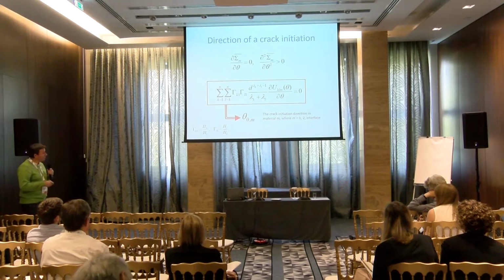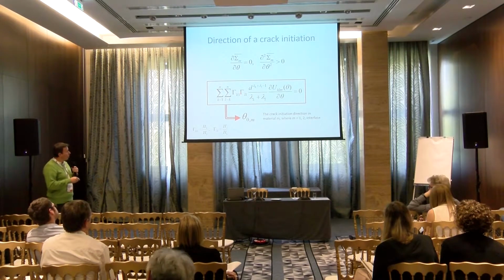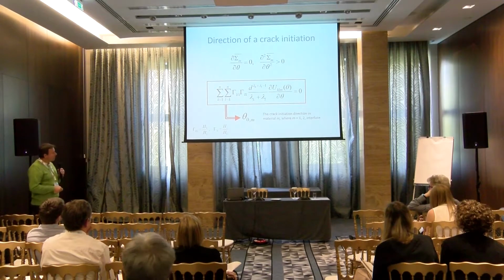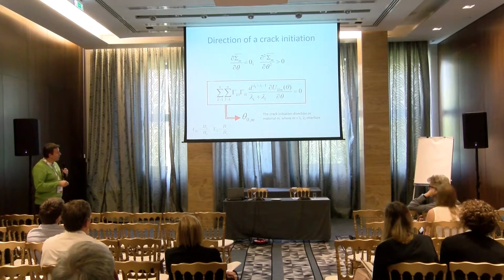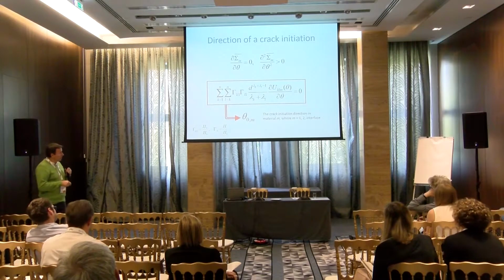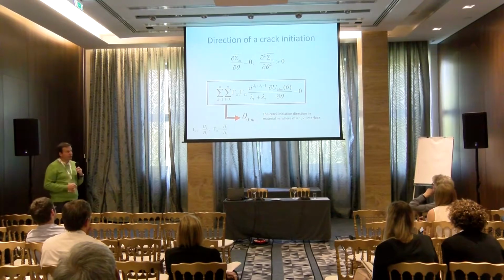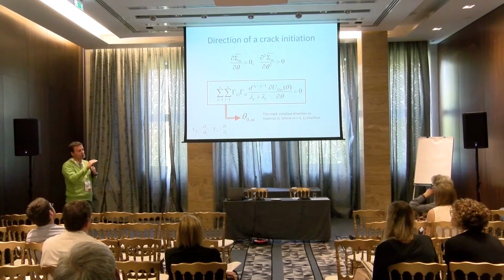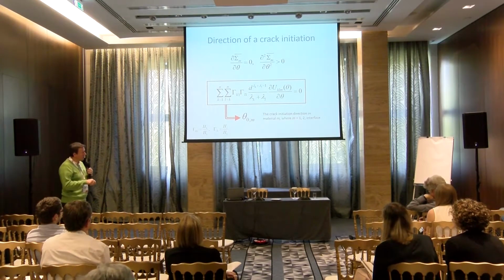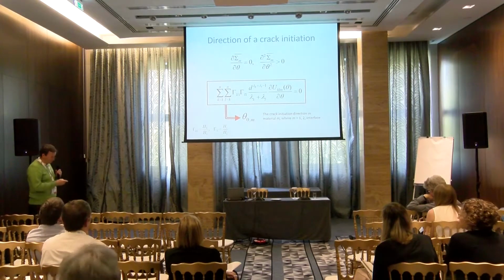After derivation, we obtain this relation, and based on this relation and on the knowledge of the ratios of H factors, we can get the crack initiation direction theta 0. The subscript M means that we must look for the crack initiation direction in each material region, so we consider material 1, material 2, and also the direction of the interface.